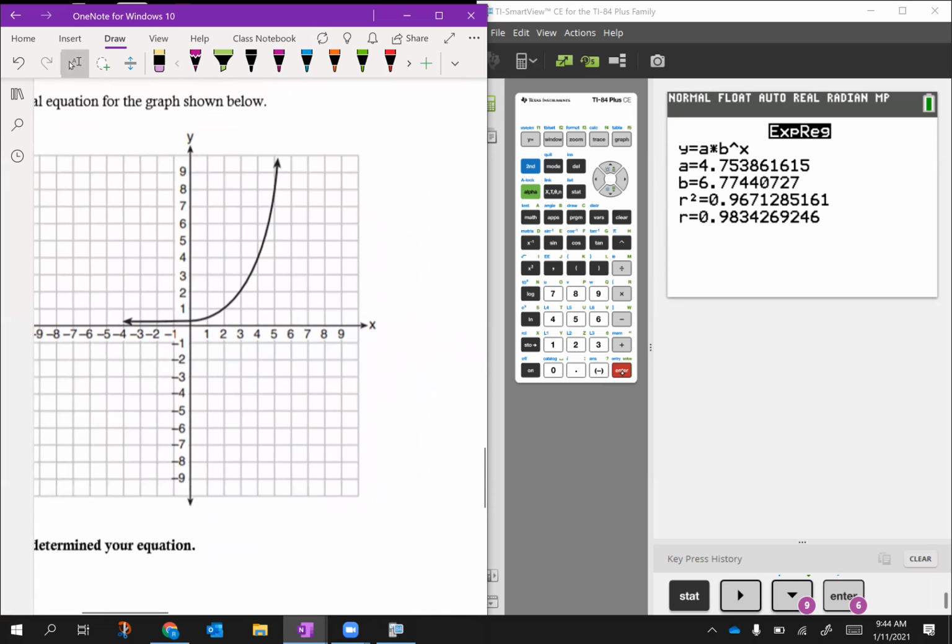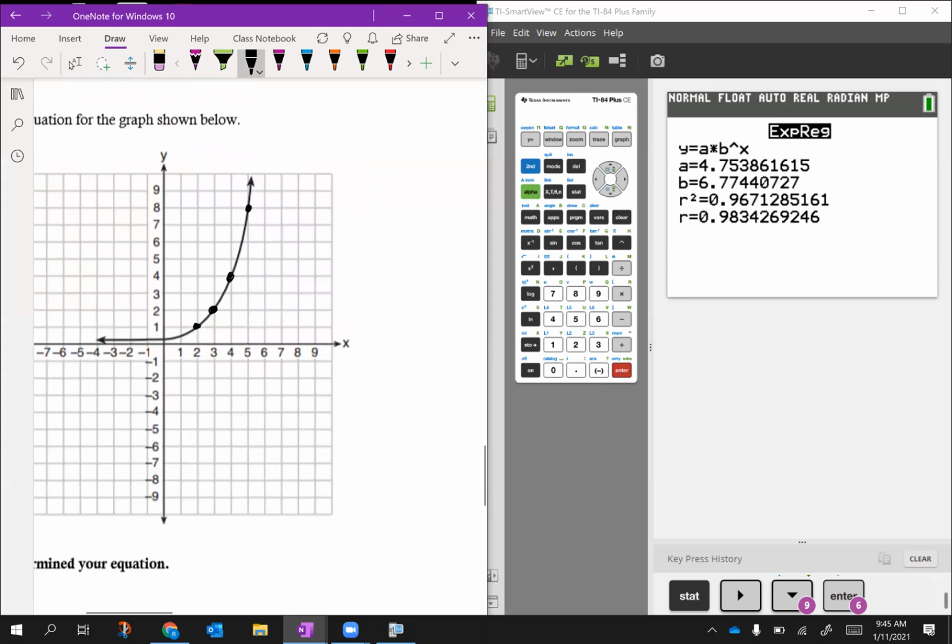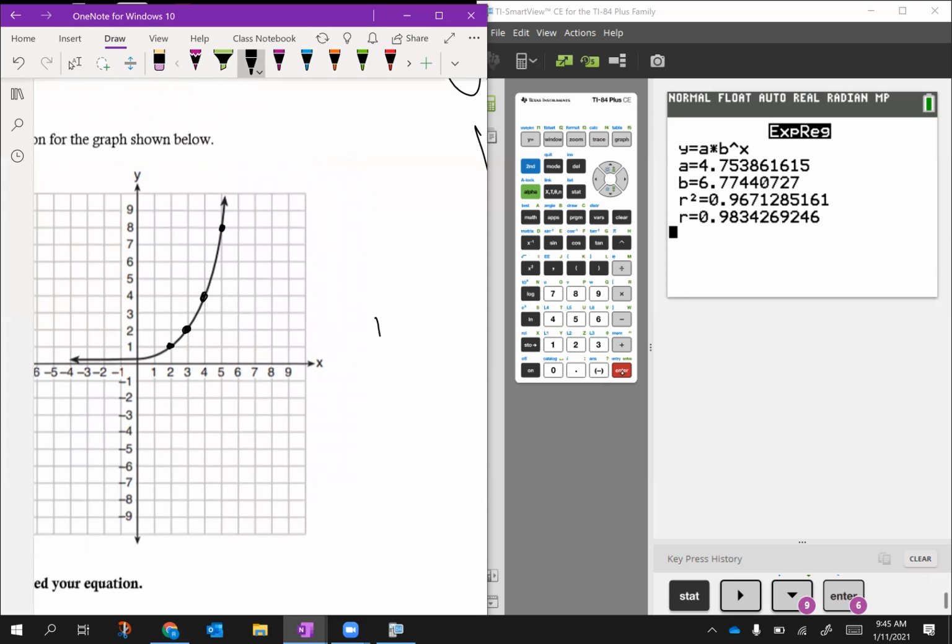So the first points I can tell clearly are 2, 1, 3, 2, 4, 4, 5, 8. So I have 2, 1. I have 3, 2. I have 4, 4. And I have 5, 8.